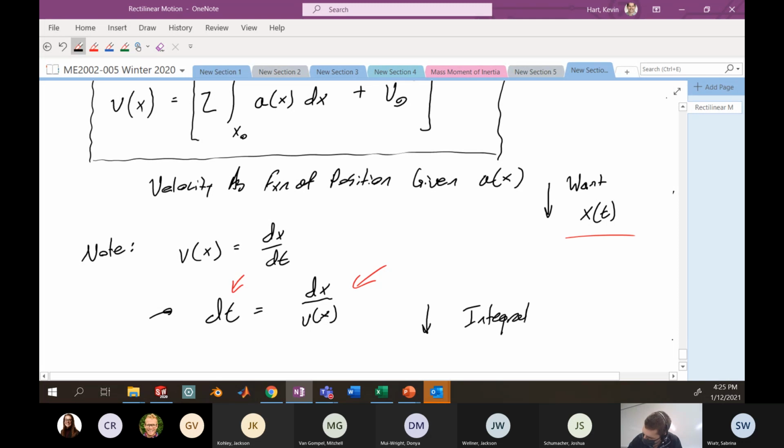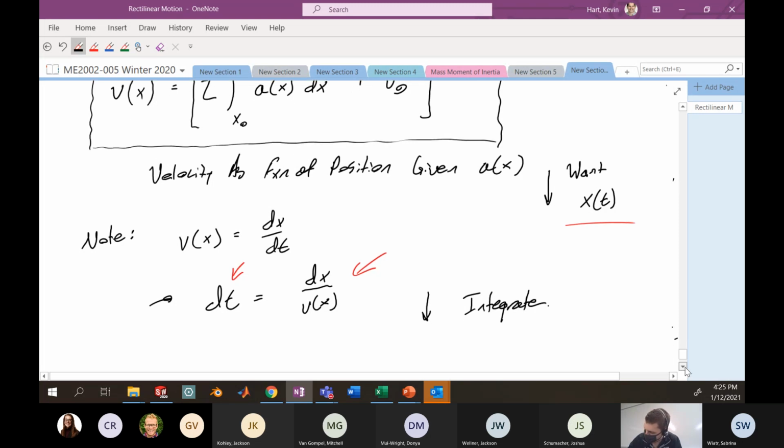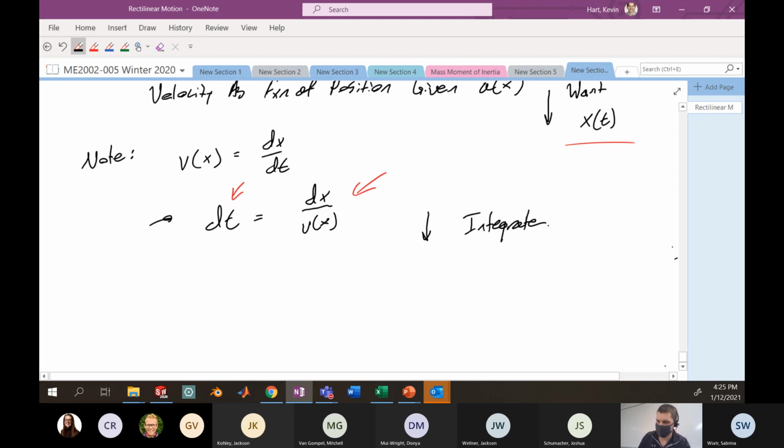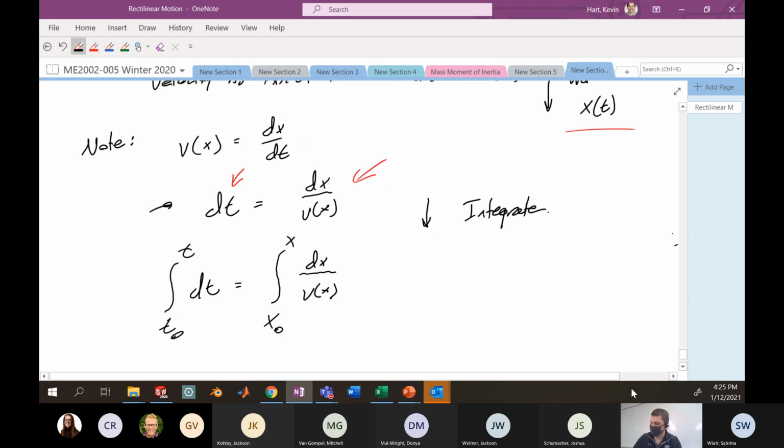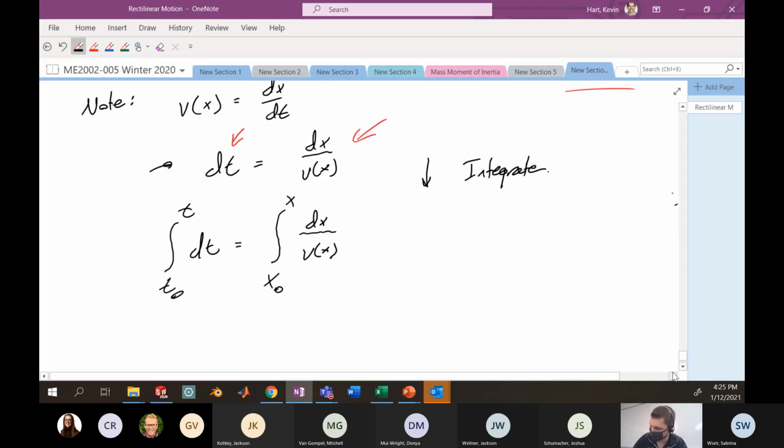We'll do an example here in just a second. I know it's a bit ethereal at this point, maybe. Some initial time to some final time. Some initial position, I'm integrating over x, to some final position x. This particular integral would give me the position x as a function of time t. This is how we mesh everything together.